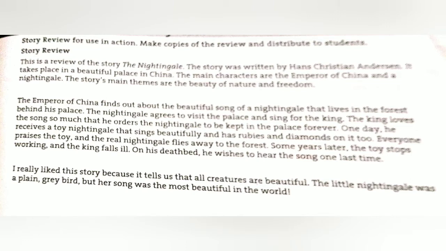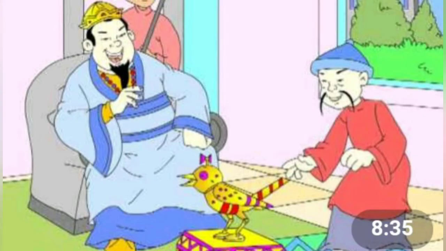The Emperor of China finds out about the beautiful song of a nightingale that lives in the forest behind his palace. The nightingale agrees to visit the palace and sing for the king. The king loves the song so much that he orders the nightingale to be kept in the palace forever.